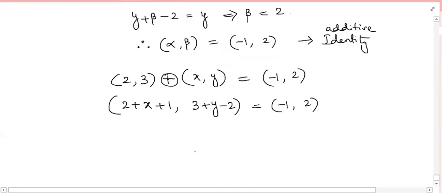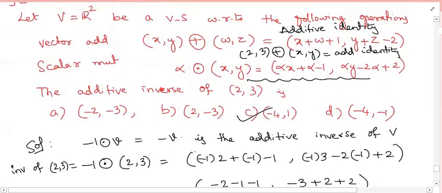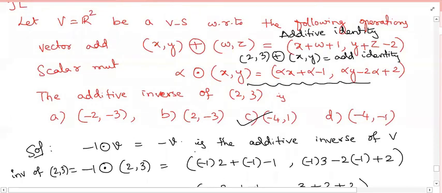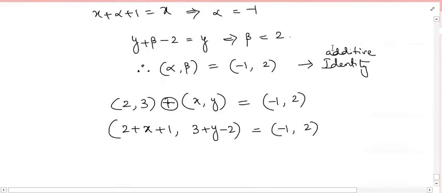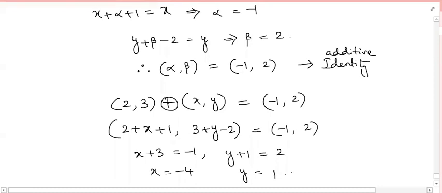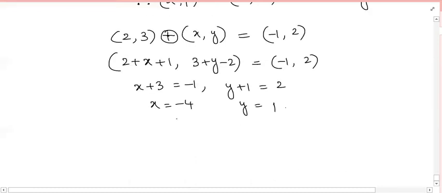You can recall: x comma y plus w comma z is equal to x plus w plus 1, y plus z minus 2. If you use that, you will get x plus 3 equal to minus 1 and y plus 1 equal to 2. So x is equal to minus 4, y equal to 1. So x comma y is the inverse of 2 comma 3. What is that? Minus 4 comma 1.